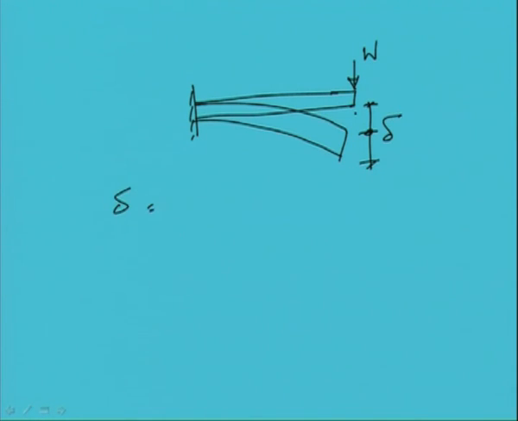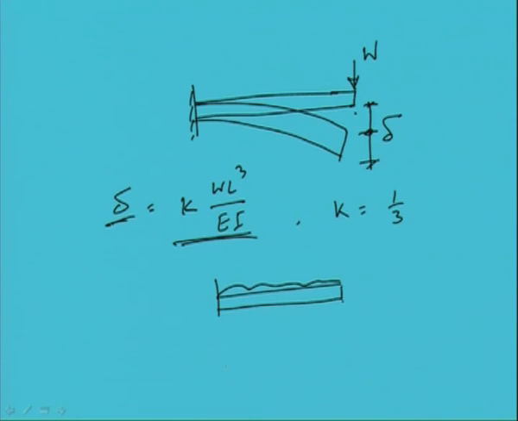So, delta we can write as k into WL cube by EI, where k will be here 1/3. So, we can find out the maximum deflection from this equation.